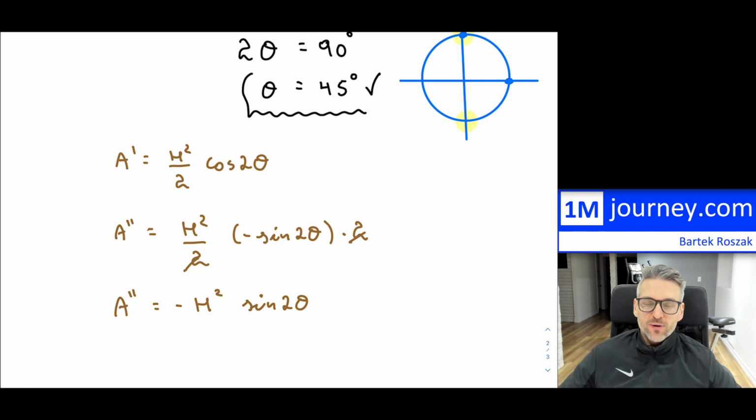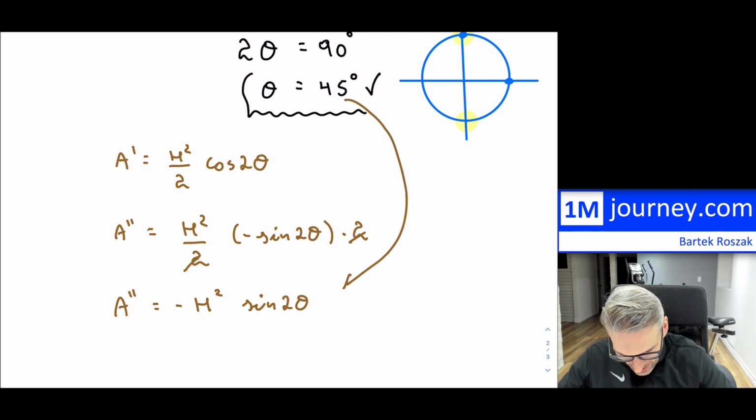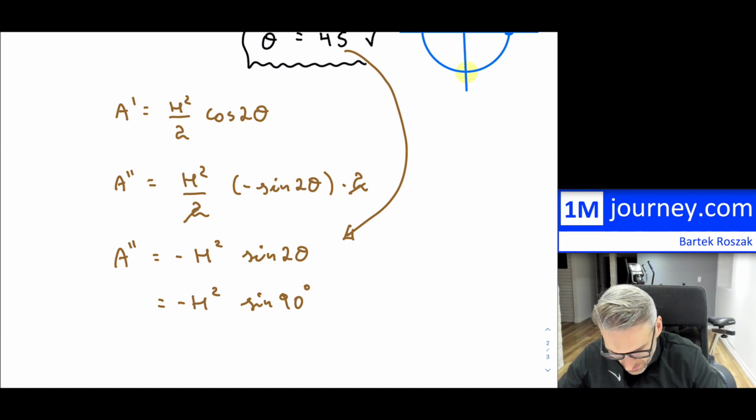And what do we know from the second derivative? Well, we know whether our function, in this case an area function with regards to theta, is concave up or concave down. So if I substitute the 45 in here, what you're going to get is negative h squared times sine of 90, and sine of 90 is nothing else but 1.